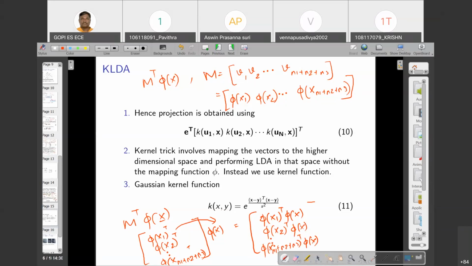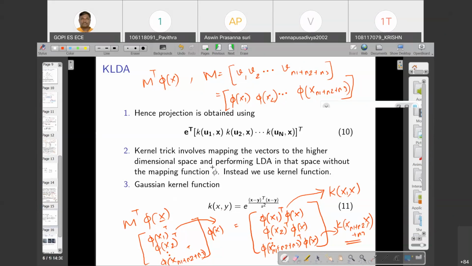You see that again it is in the form of an inner product. That is the interesting point. We really don't need to have the function phi. This can be replaced with K of x1 comma x, and so on up to K of x of n1 plus n2 plus n3 comma x. This is the interesting point.